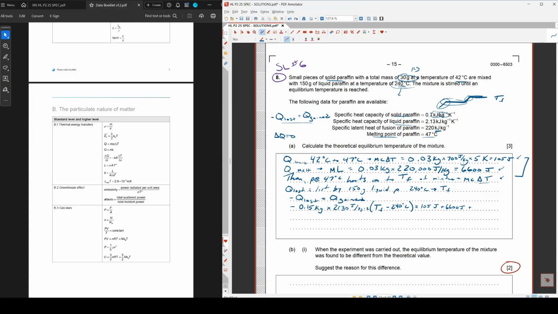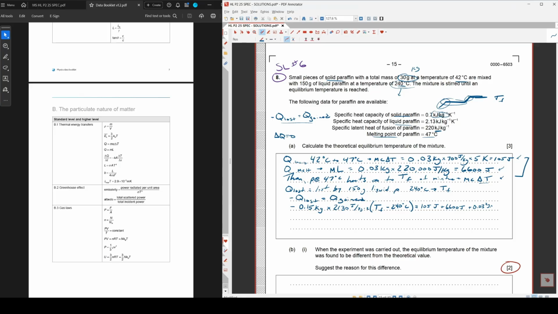Let me put in some numbers here. So the mass here that I want is the first mass, which was 0.03 kilograms, times, now I've got to be careful. Think about what's happening. This is a liquid now, right? This is the energy to heat the liquid paraffin that just melted from the 47-degree point that it melts at all the way up to whatever final temperature.